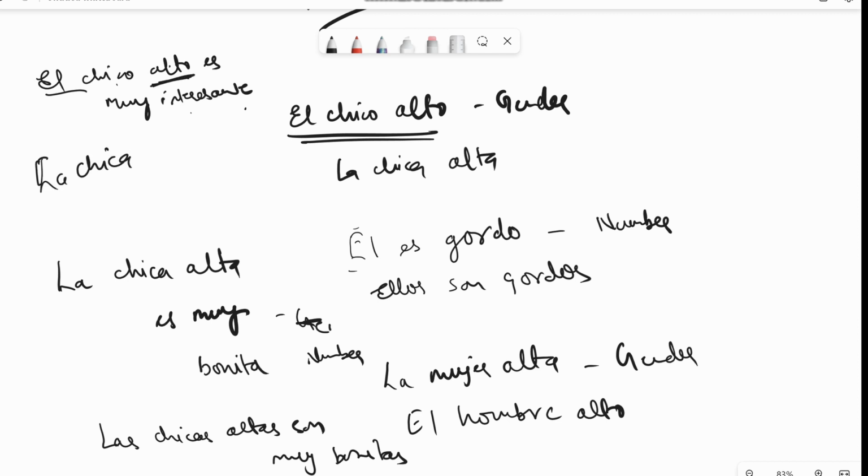Look at your adjective, it is alto, so you'll have to change this as a. La chica alta es muy interesante. This wouldn't change because e ending adjectives are gender neutral. So la chica alta es muy interesante. El chico alto es muy interesante. The tall boy is very interesting. La chica alta es muy interesante. The tall girl is very interesting.